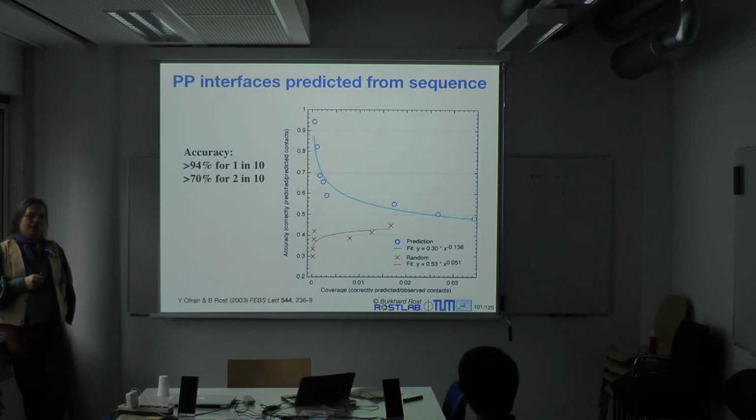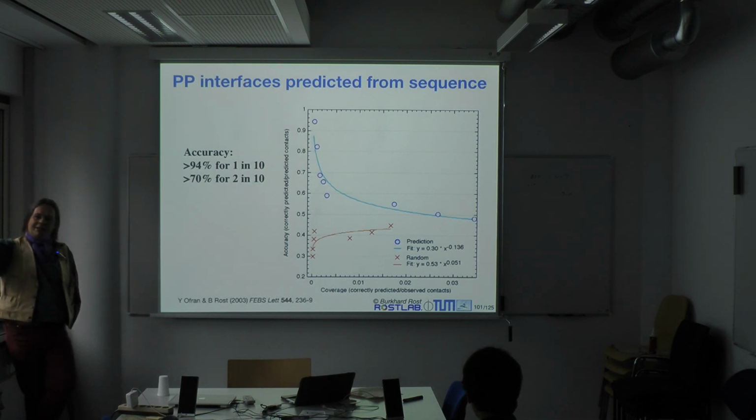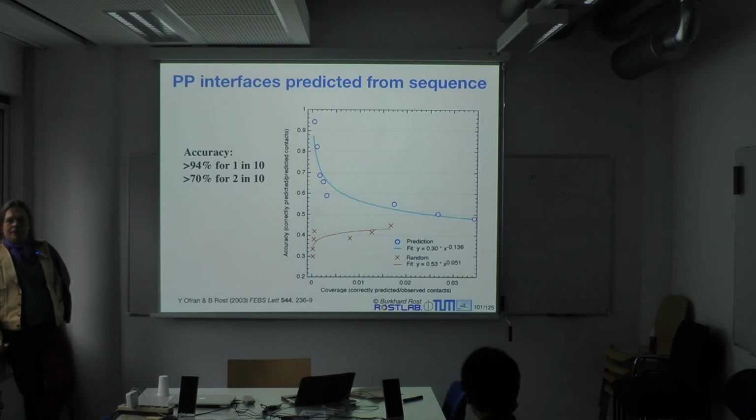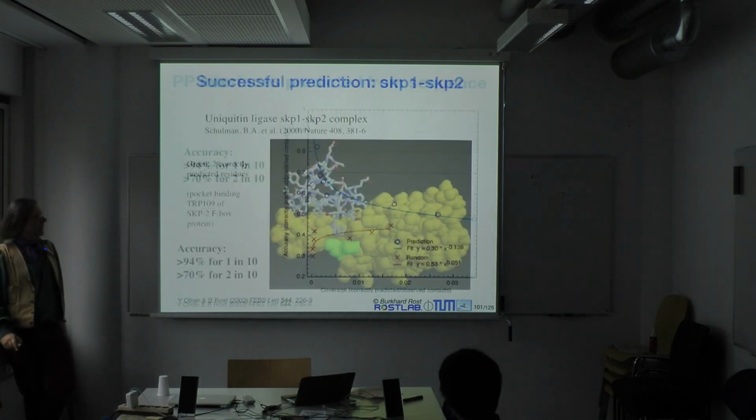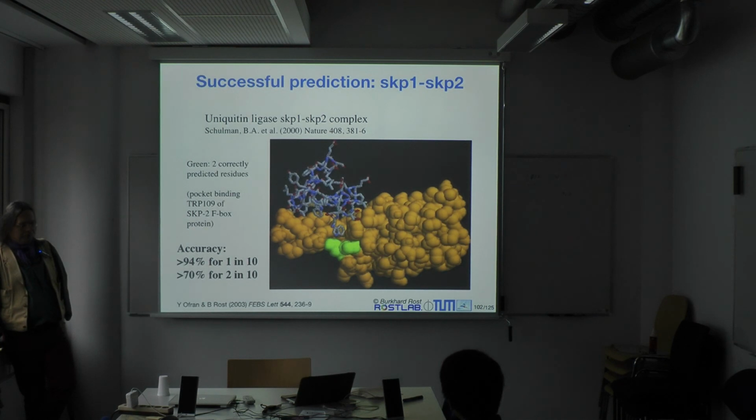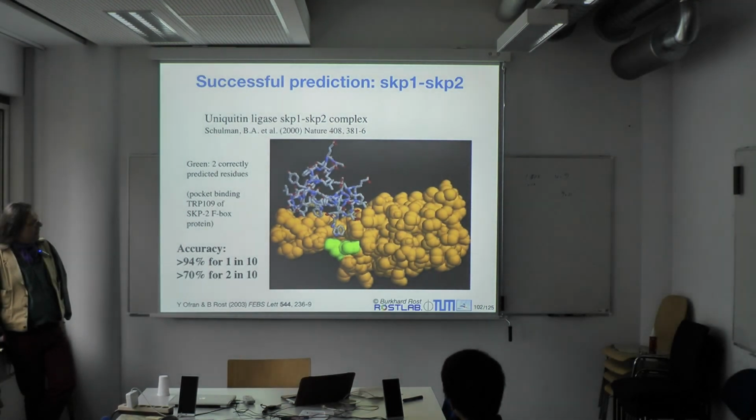At the end of the day, you have to next ask yourself, what does that correspond to? Those are small numbers here. In terms of a protein, does it actually mean that I hit one? Does it mean I predict at least one residue on each protein? And it turns out that somewhere this level here is such that in almost every single protein we predict a residue. Here's an example. We look at it.